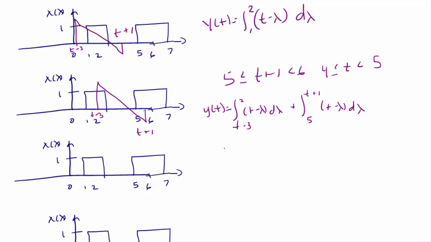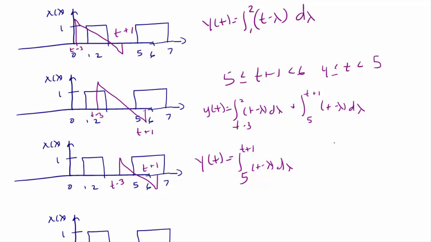Our next region is where t+1 is between 6 and 7. When t+1 is between 6 and 7, I am completely off of the first block. So here's my trailing edge, t minus 3. Here's t+1. So y of t is equal to the integral from 5 to t+1, t minus lambda d lambda.